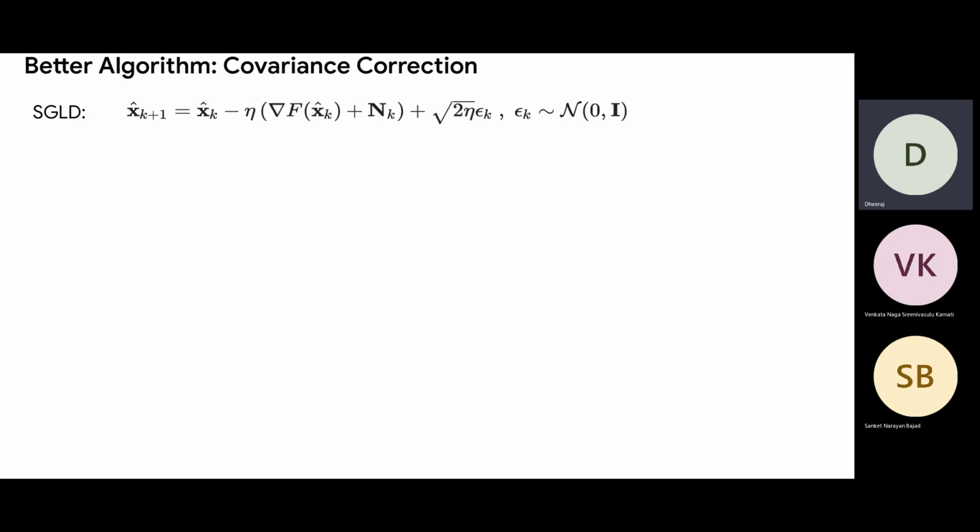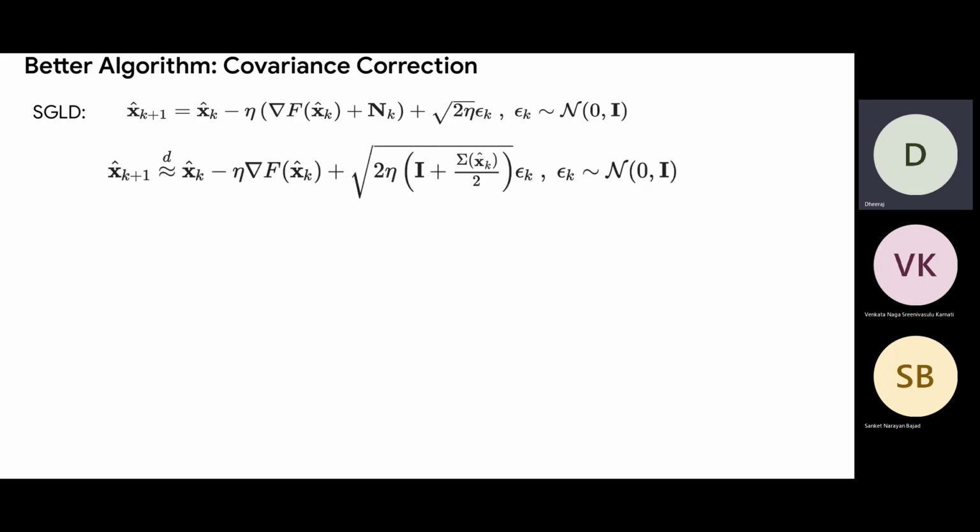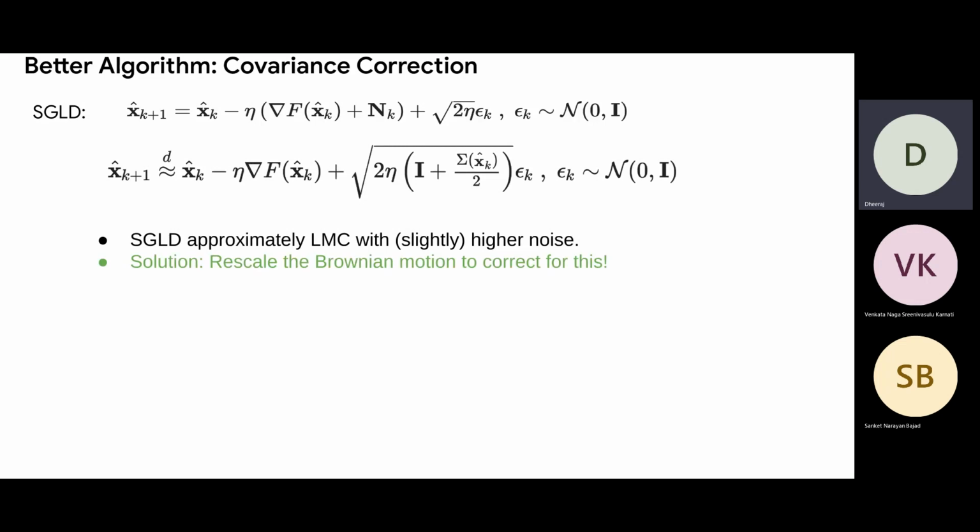So I've repeated the computation, and I showed that SGLD will approximately equal this in distribution. Let me tell you how to introduce covariance correction. This is basically LMC with slightly higher noise. The noise is in some sense under your control, since you're the one sampling.